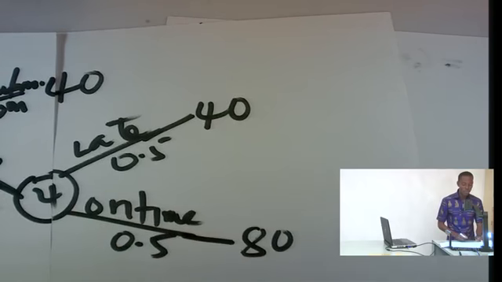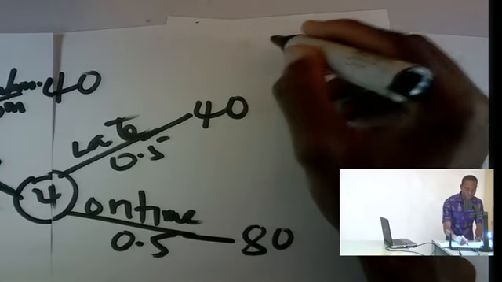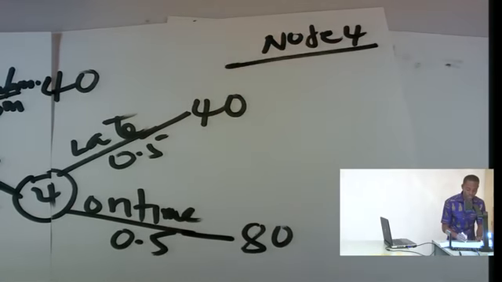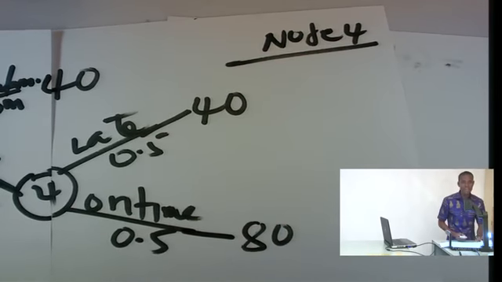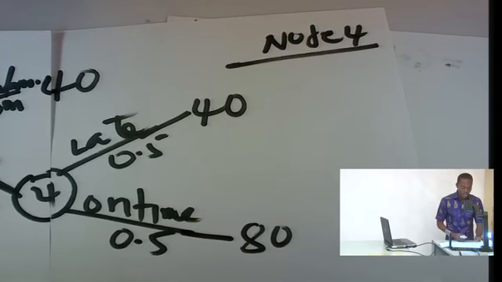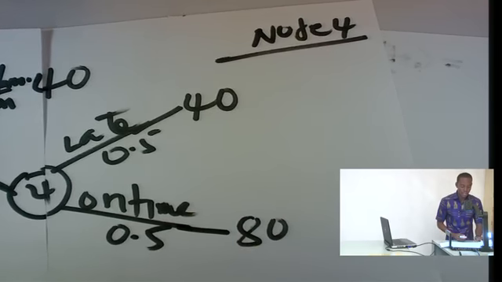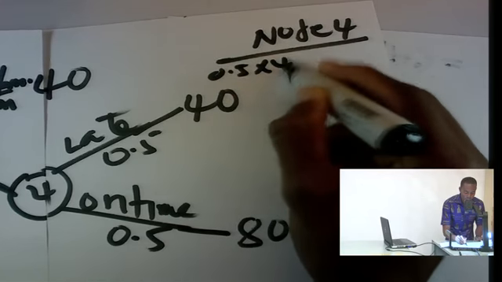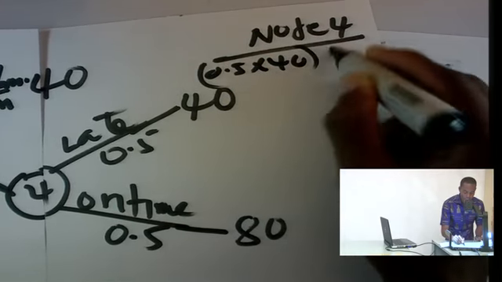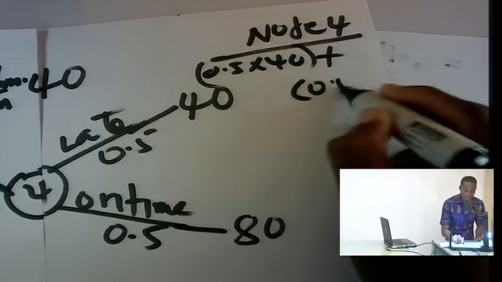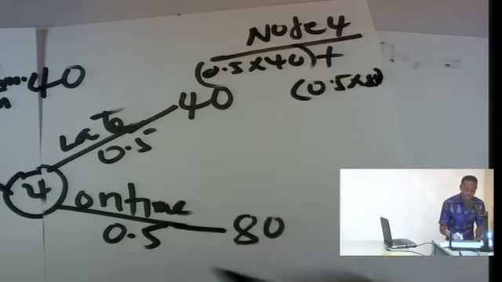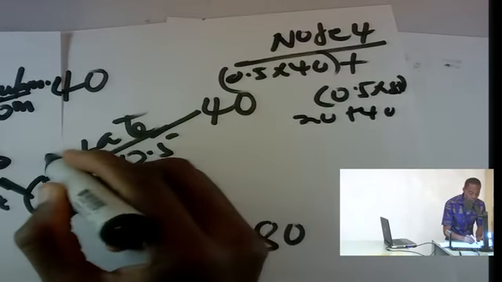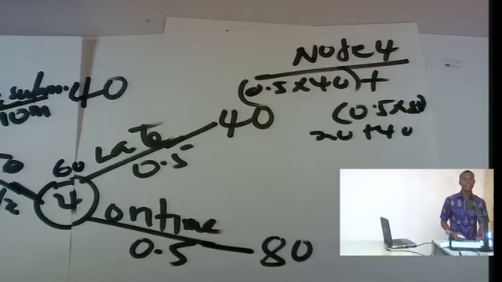So you start from node 4. For node 4, we're only evaluating the chance, so we'll call it a chance node. What we do here is 0.5 times 40 plus 0.5 times 80. What we have here is 20 plus 40, we have 60. So I put my 60 here, right?